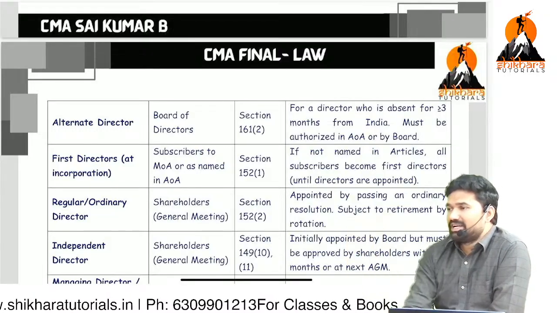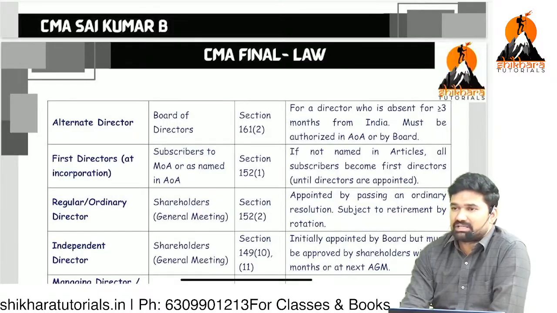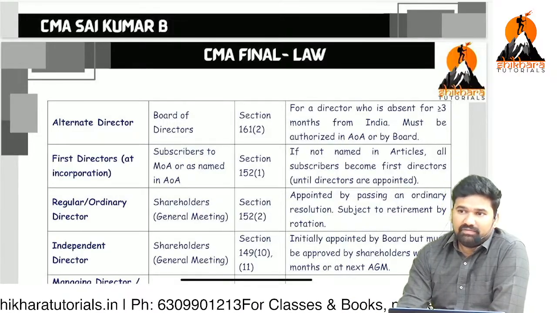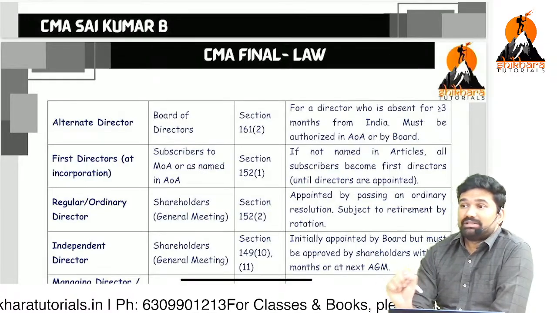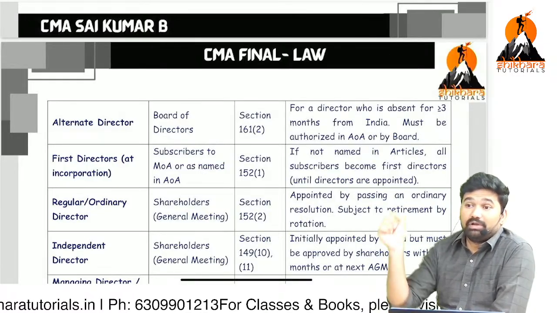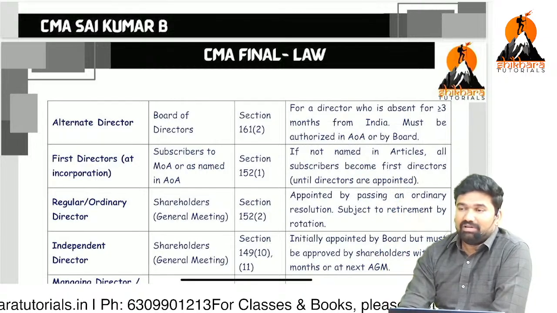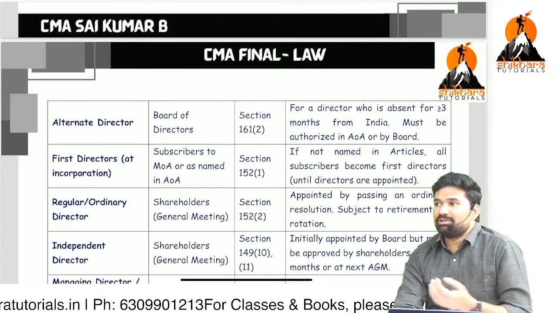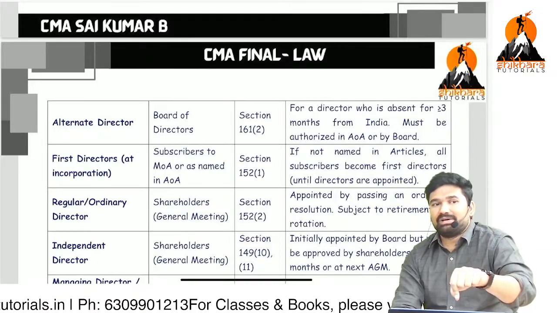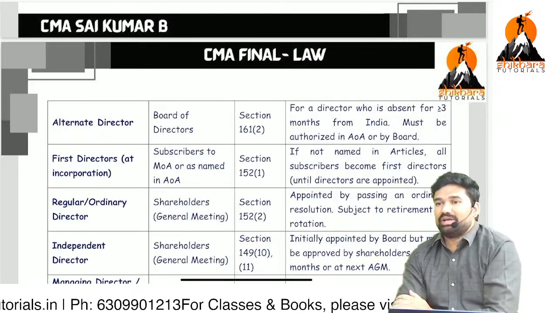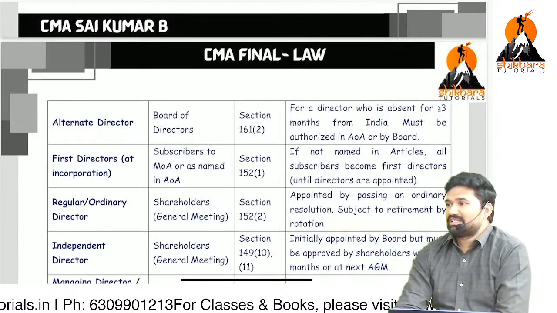If the AOA mentions the names of first directors, happy. If the AOA is silent, subscribers, we should not term like that. Individual subscribers. Why? Because subscribers may be a body corporate also, na? So that is why all individual subscribers who are subscribing to the MOA will become first directors.